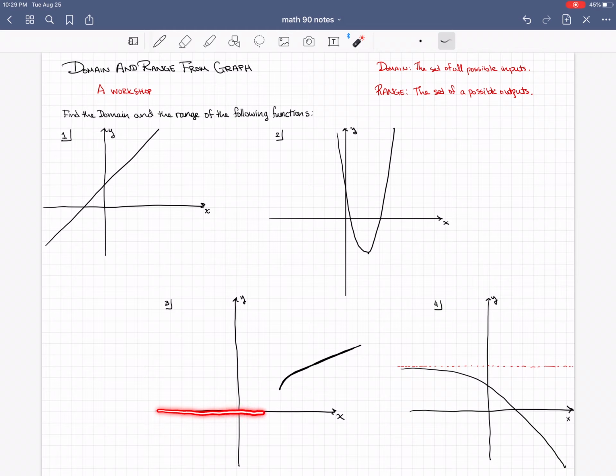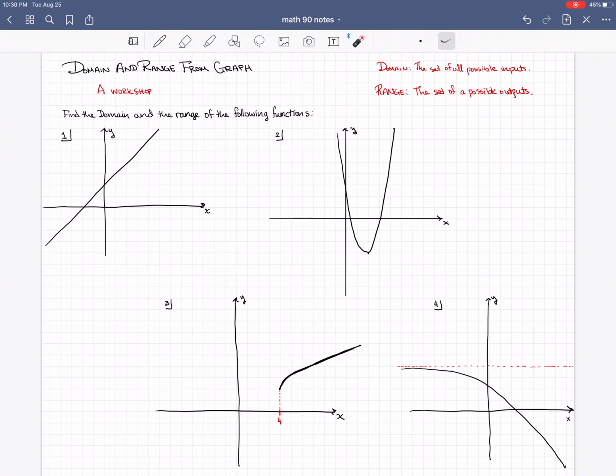No points so far. It's not until I get here that I finally have a point on the graph with that x-coordinate. So the domain starts at 4. So I'm going to very clearly label this point as having x-coordinate 4. That is the beginning of the graph. The picture was completely blank until we got there.